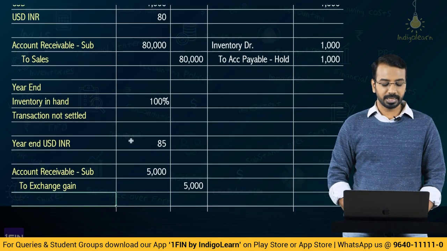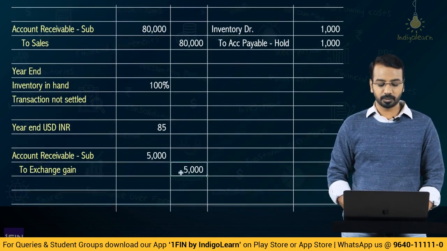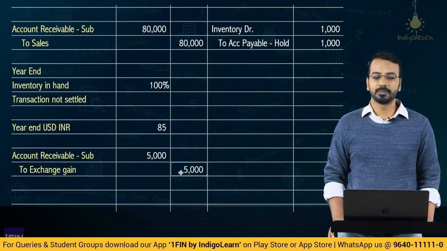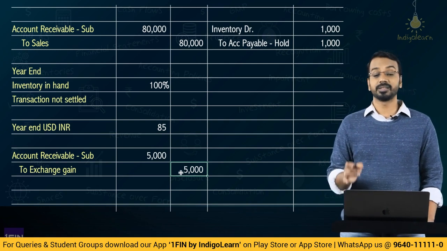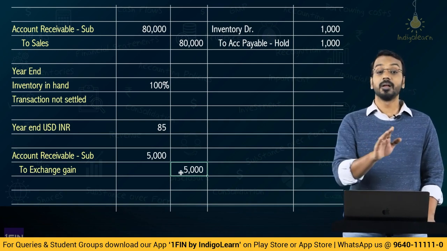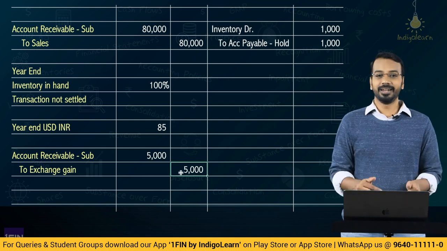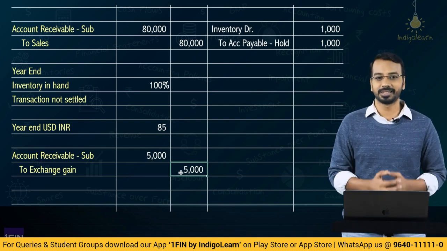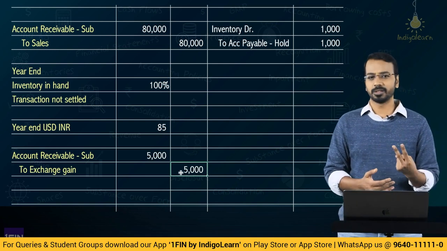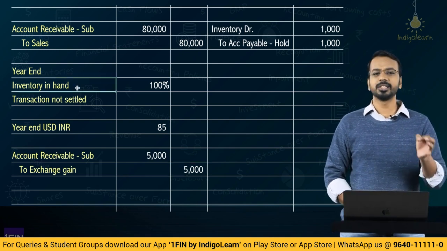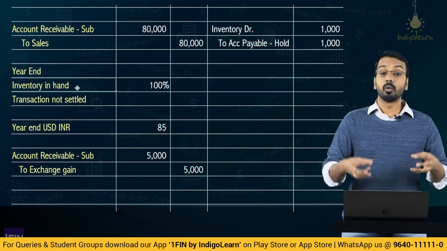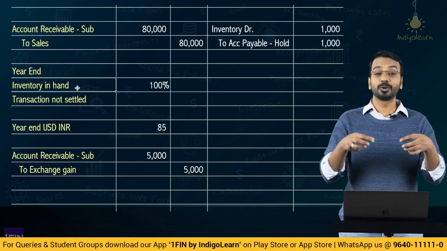For the holding company, they said, okay, we made an exchange gain of 5,000. Where will we take this exchange gain? In the standalone financial statements, the exchange gain will be taken to the P&L. There is no doubt about that. Now, at the year end, when we are consolidating the financial statements, we need to do two things. One, this inventory is not yet sold. So, whatever is the profit is still within the group only.